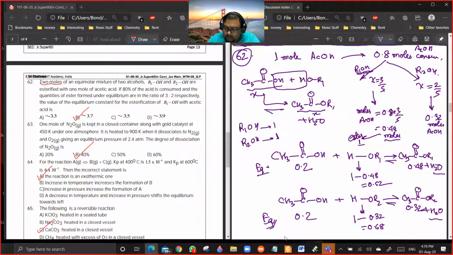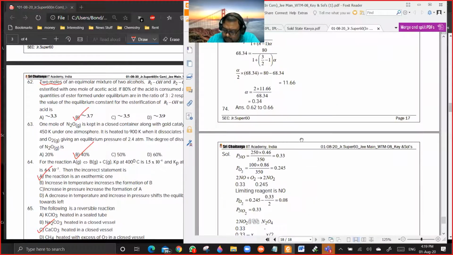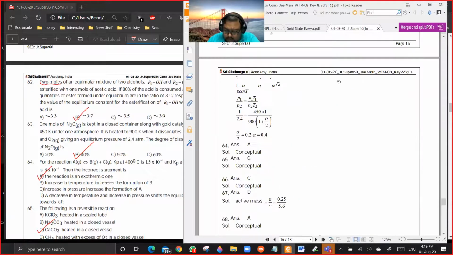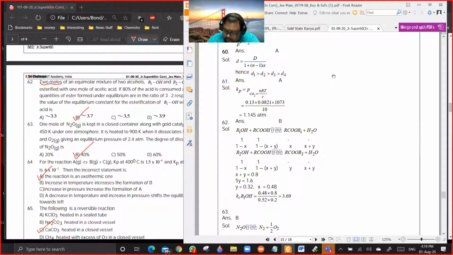Let me first check the answer now. 62. It is saying 0.48. Okay, they are taking water into account also.